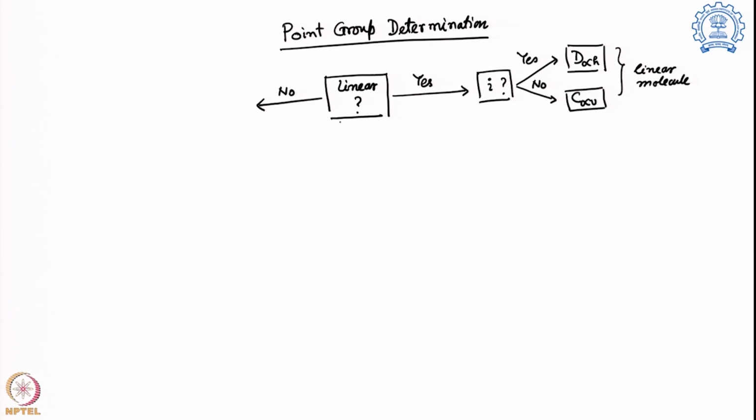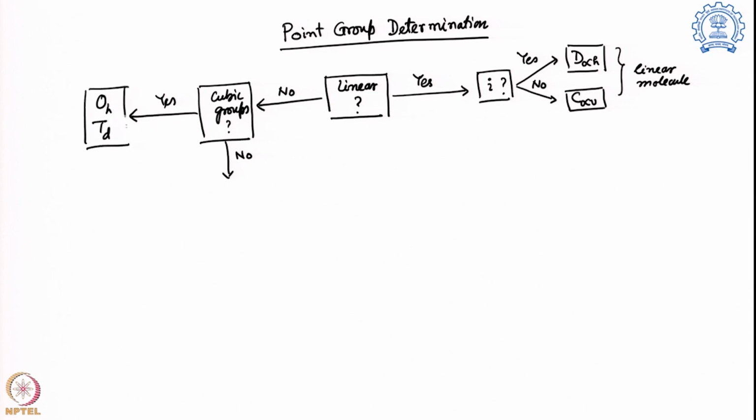If the molecule is not linear, the next question we ask is whether it belongs to any particular cubic groups or not. By cubic group, we mean only the 2 particular groups that are most common in chemistry, octahedral and tetrahedral.